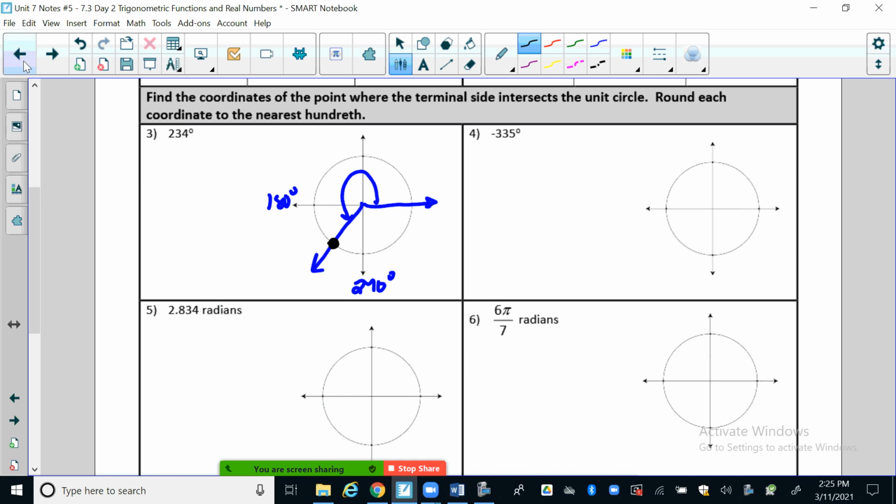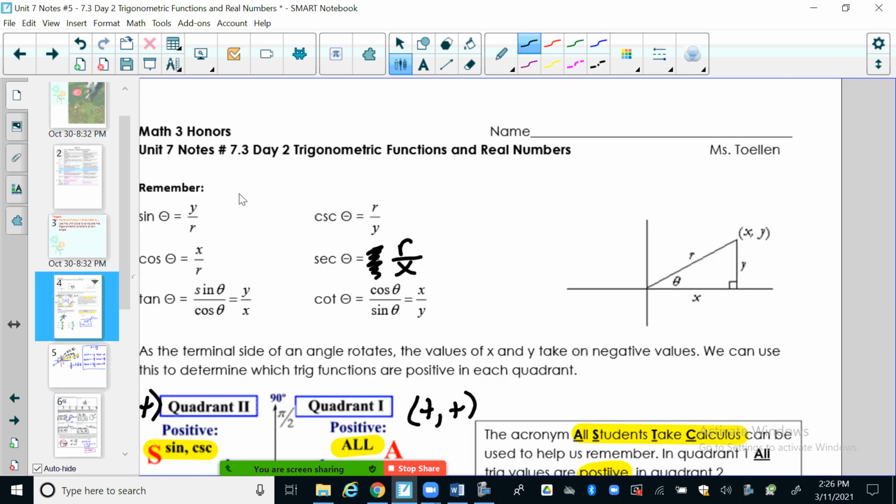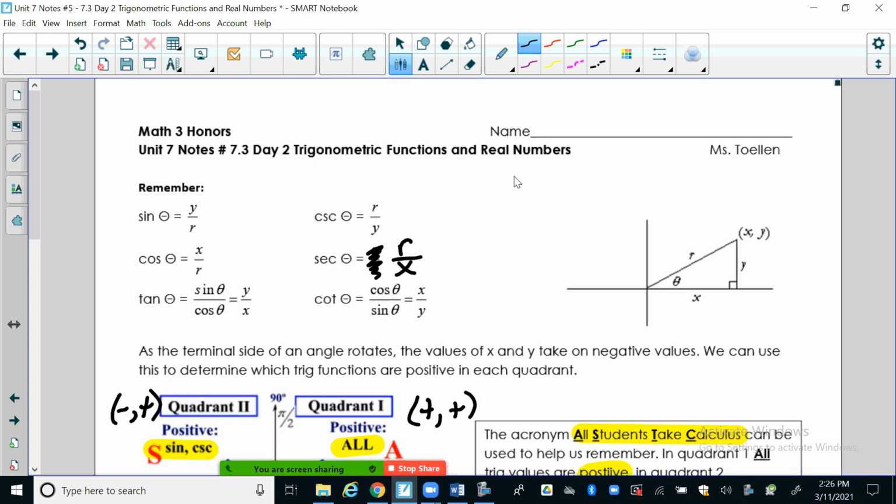So going back to our notes on the first page, remember that sine of theta is equal to y over r. So our y coordinate is equal to r sine of theta.